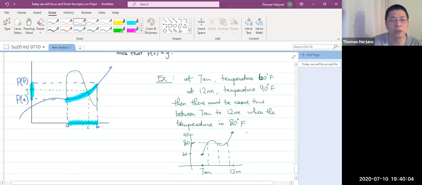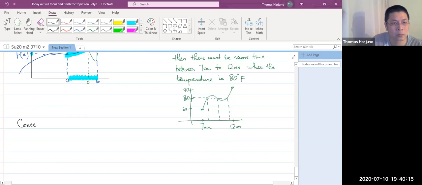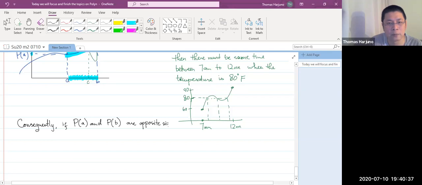Now, the big consequence of this intermediate value theorem, and that's what I call the intermediate value theorem for us here, is consequently, if P(a) and P(b) are of opposite signs, one of them positive, one of them negative, then there must be a zero in the interval a to b.